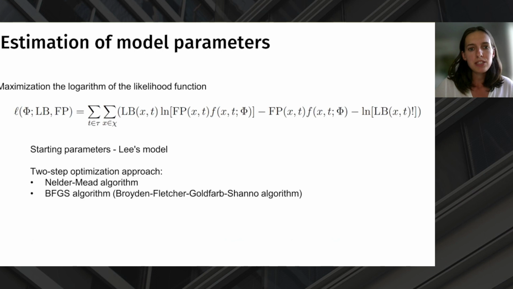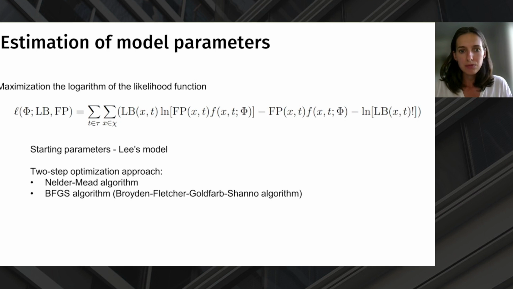And the estimation of parameters was carried out by maximizing the logarithm of the likelihood function, and the parameter estimation was processed using the software R, employing the optim function. For the M1A model, the likelihood function was optimized using the Broyden-Fletcher-Goldfarb-Shanno algorithm, which belongs to quasi-Newton methods.